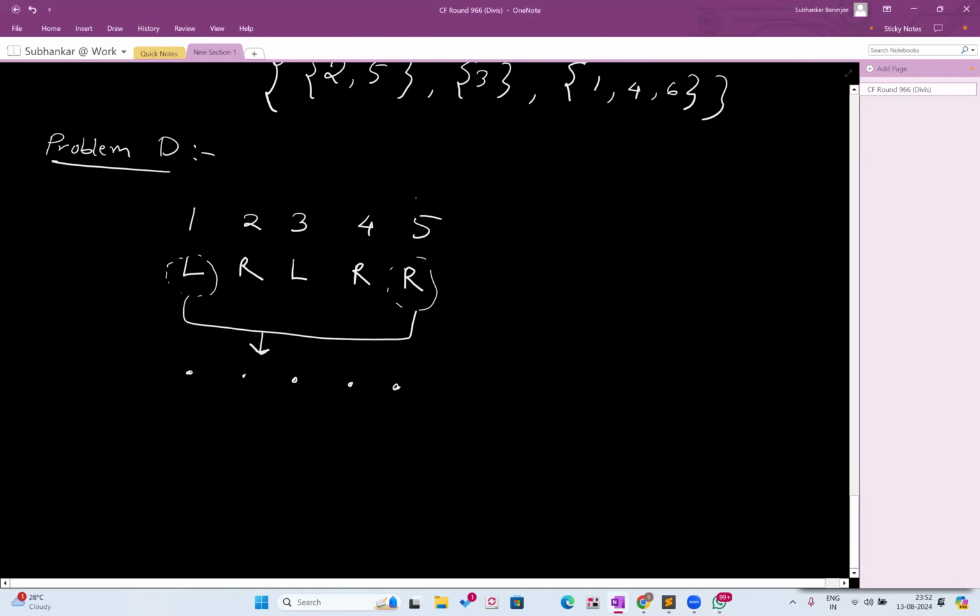So I cannot choose any more things. What will be my score? All the sum of the values in this range, so this score will be 15, from 1 to 5.